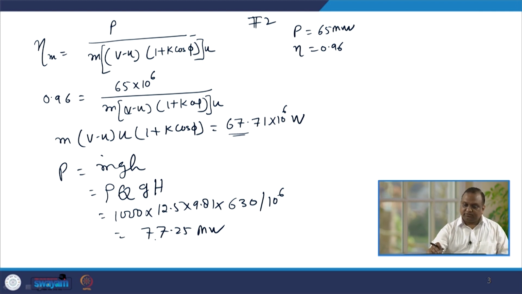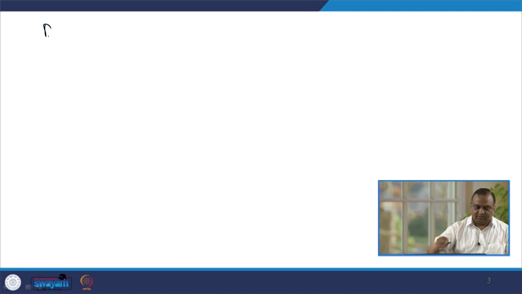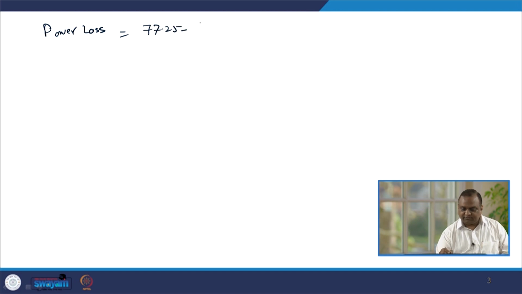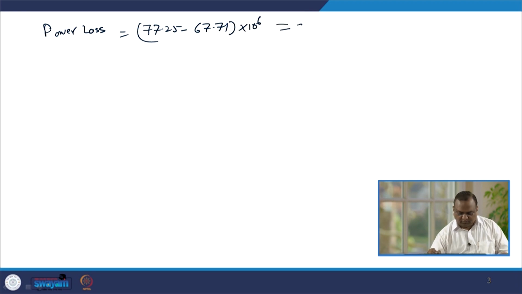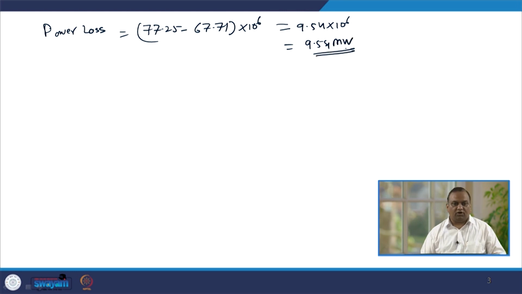So, power loss in distribution nozzle assembly and the buckets is going to be equal to 77.25 minus 67.71 into 10 to power 6, or 9.54 megawatts. This much power has been lost in the distributor and the nozzles.